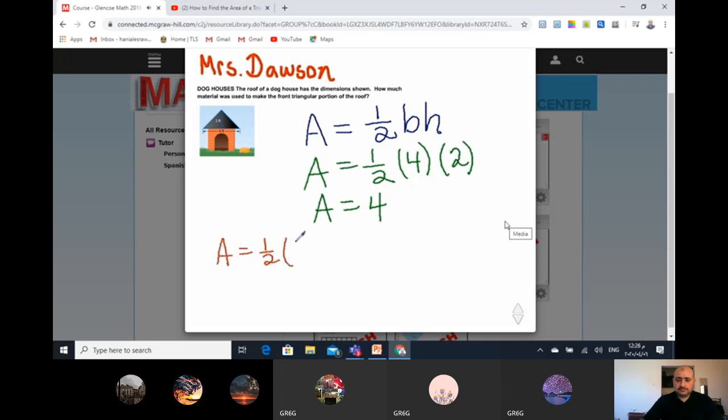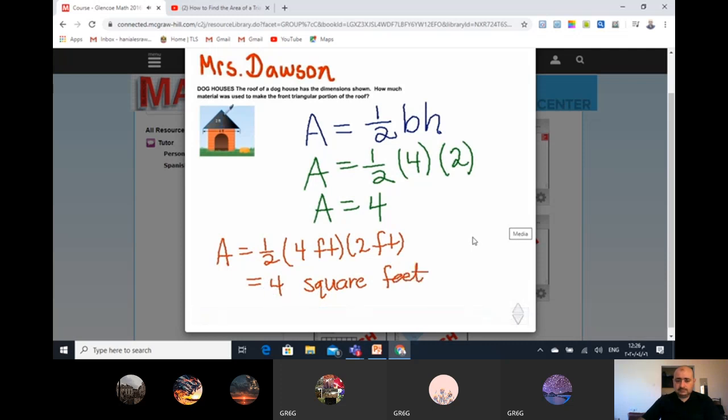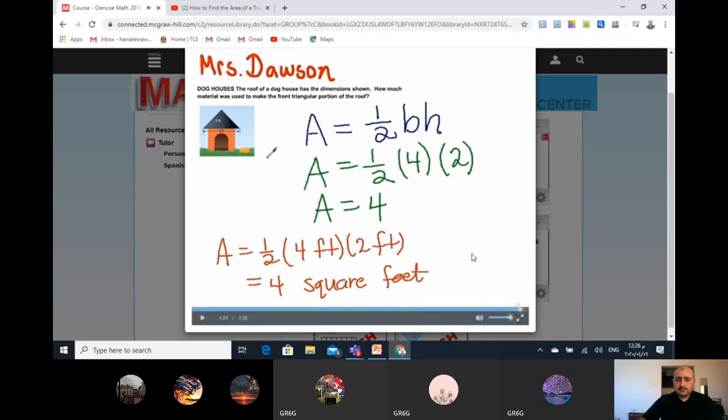Because the base was measured in feet and the height was also measured in feet, the area is measured in square feet. 4 square feet of material was used to make the front triangular portion of this doghouse.